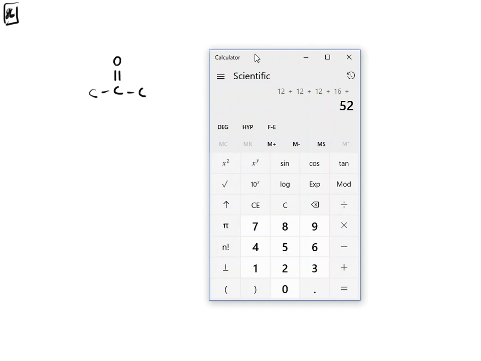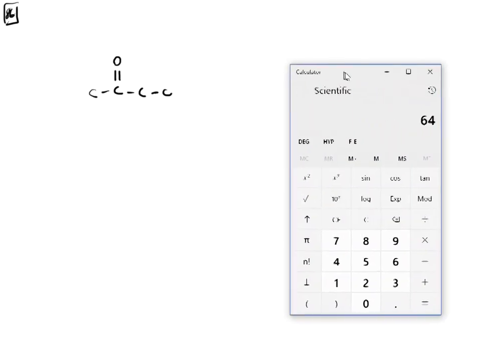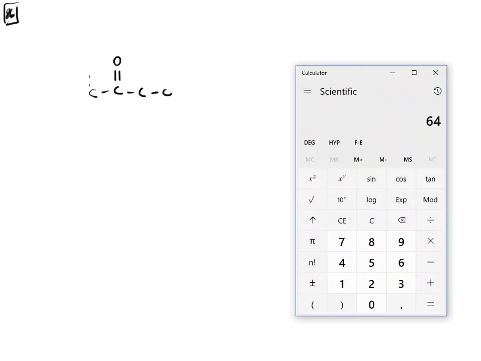That gives me 52. Well, let's just add another carbon on. That's another 12, which gives me 64. Now, if all of these at this point had the proper number of hydrogens, there would be 3 here, 2 there, 3 there. So 3 and 3 is 6, plus 2 more, that's 8. If I add on 8, it doesn't get me to 86.